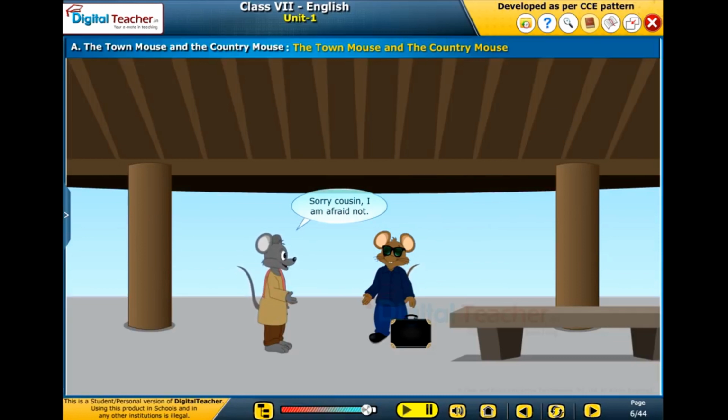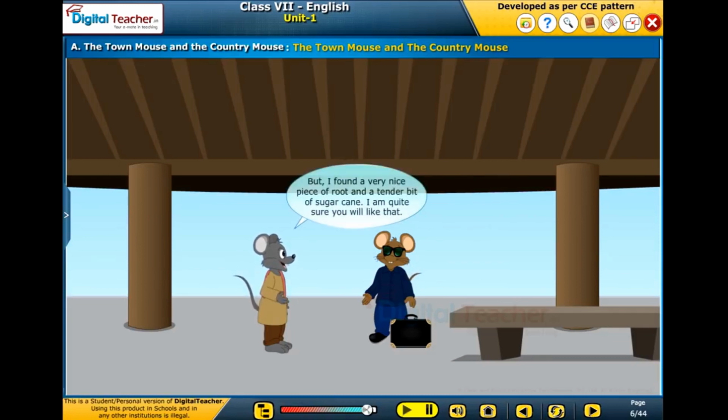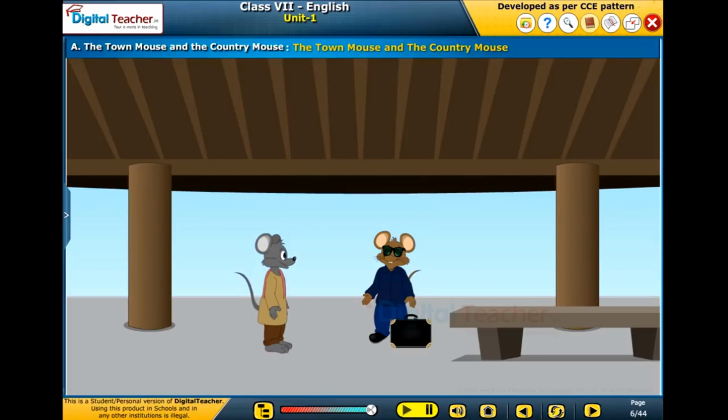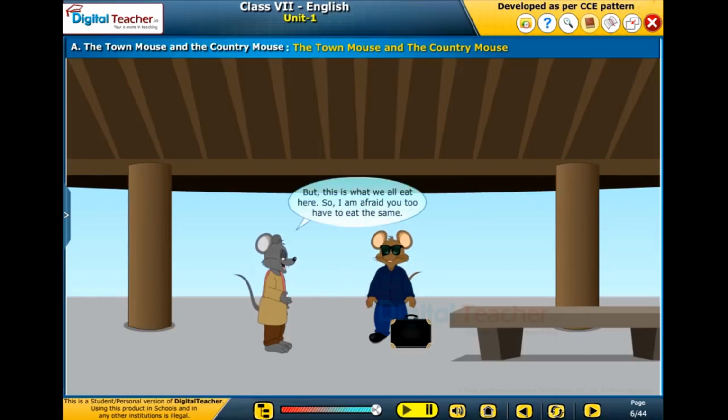I'm afraid not. But I found a very nice piece of fruit and a tender bit of sugar cane. I'm quite sure you will like that. Root? Sugar cane? I just can't eat raw food. But this is what we all eat here. So I am afraid you too have to eat the same. This is not too bad to eat.